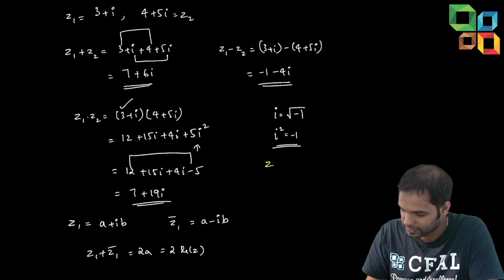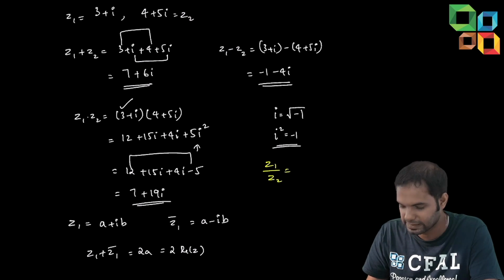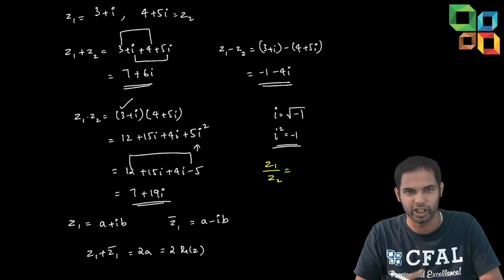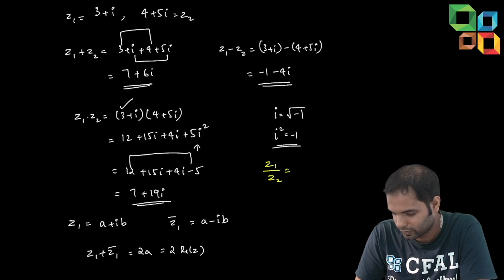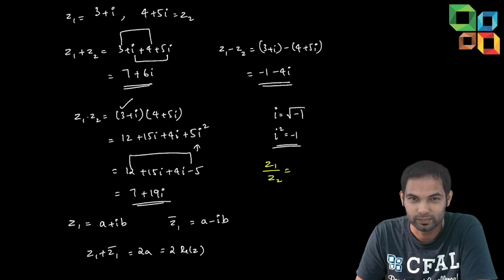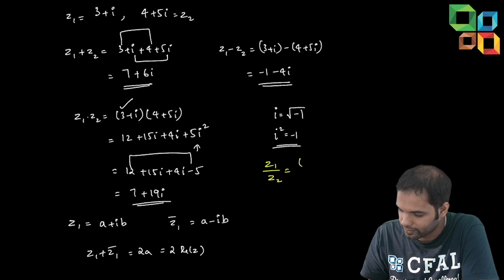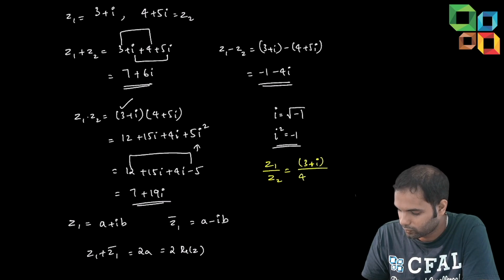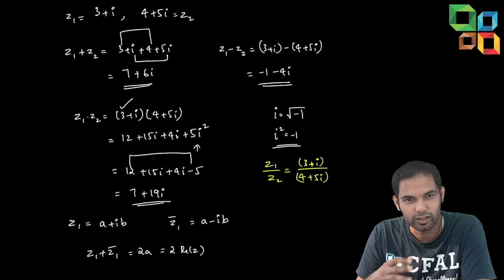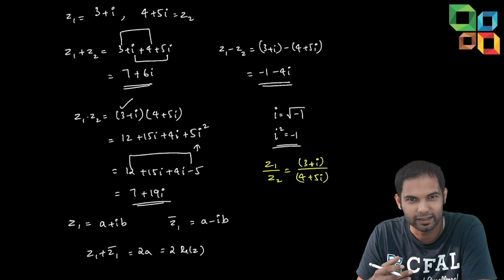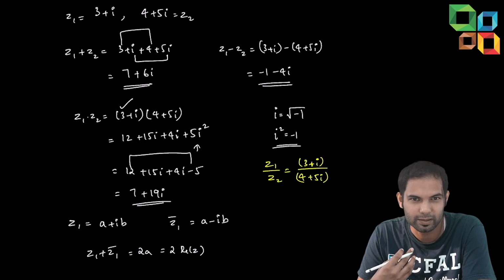Let's try dividing z1 by z2. This is the reason why I introduced the conjugate in between. Can you figure out what z1 by z2 is? Basically, I'm trying to divide 3 plus i by 4 plus 5i. Now we're going to apply the concept of conjugate here, because we don't really know how to divide the real part and imaginary part separately.